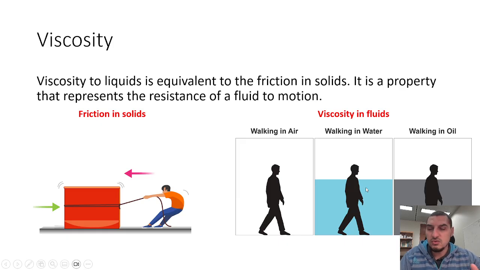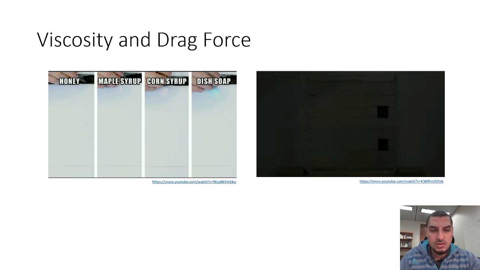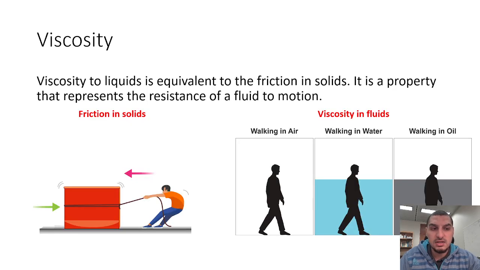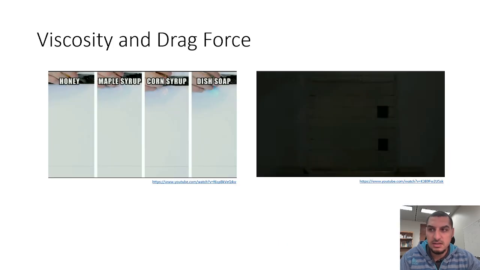If you're walking in water, you will feel much more resistance to the flow than what you would feel in case of air, and it will be more if you are walking in oil. So this resistance is due to the difference in the phase or the fluid that you are traveling in. This is because the viscosity in oil is higher than that in water, higher than that in air.